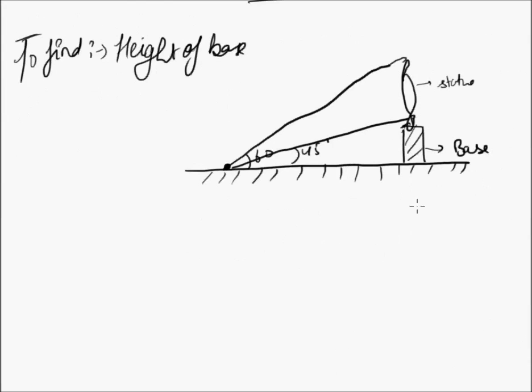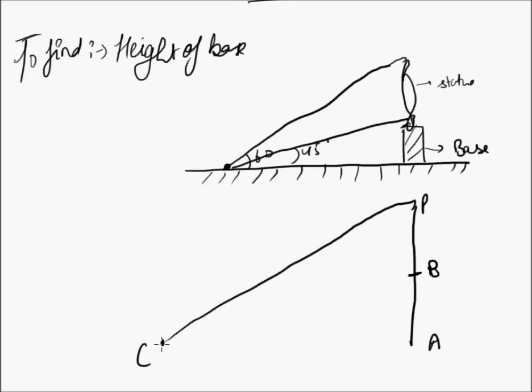So, making a free body diagram, simplifying this figure, it becomes, say up till P we have, or up till B we have base AB, and BP is the statue, C is the point of concern from where the angle of elevations are made, and the two angles are 60 degree and 45 degree.